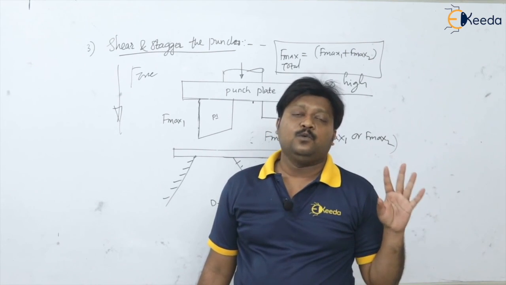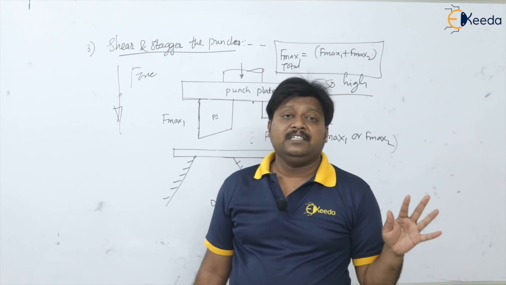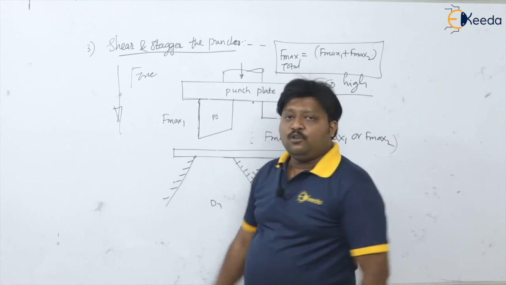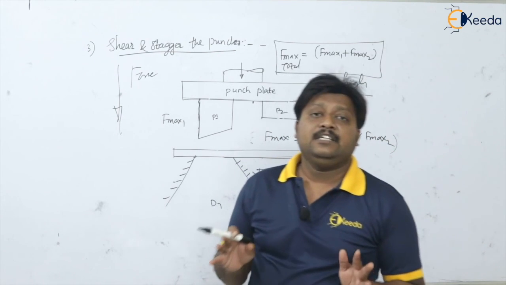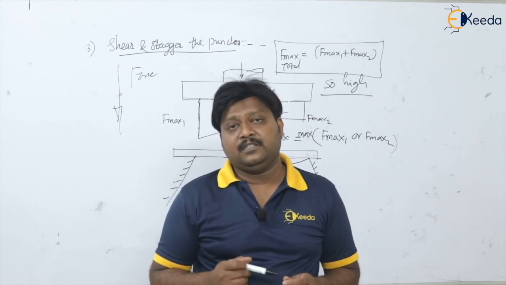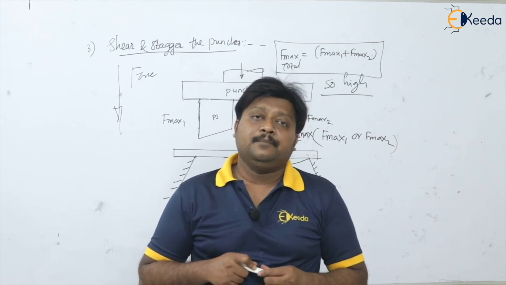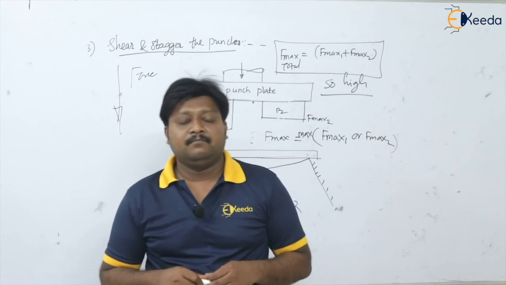No one is going to use it in any industry, please remember. So these are the three methods by which we can minimize the force in the sheet metal operation, specifically in punching and blanking. Okay, thank you.